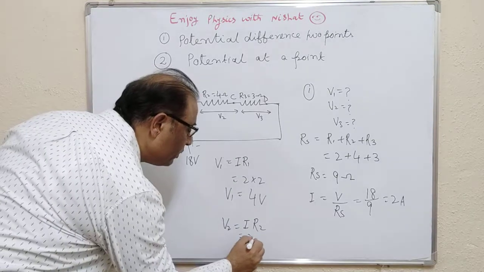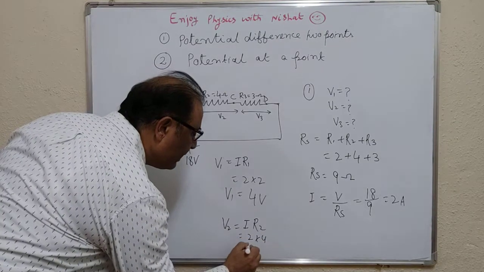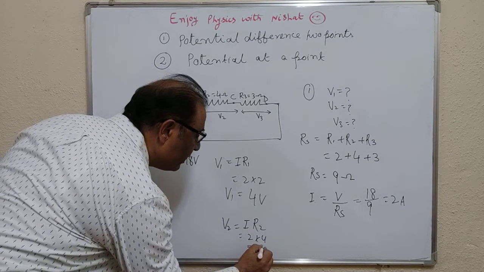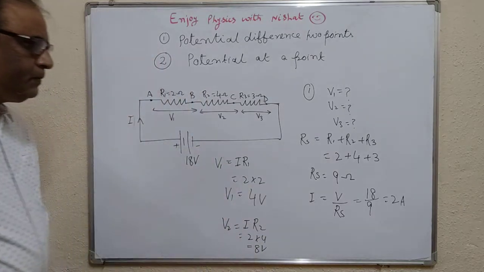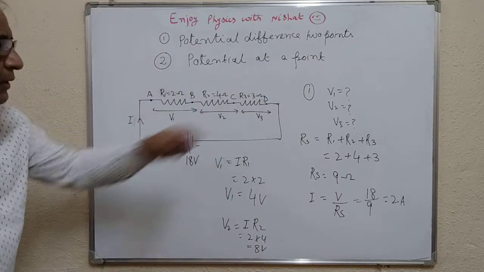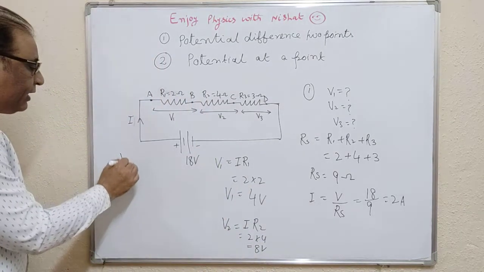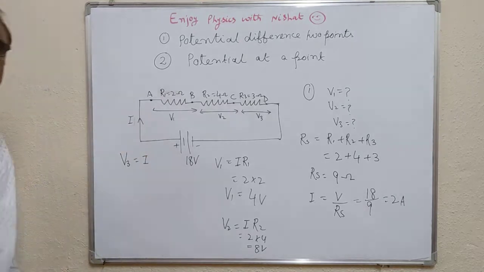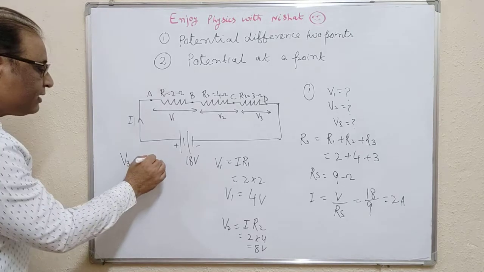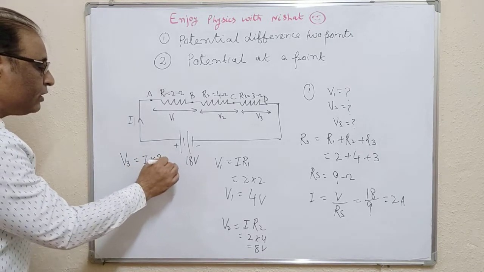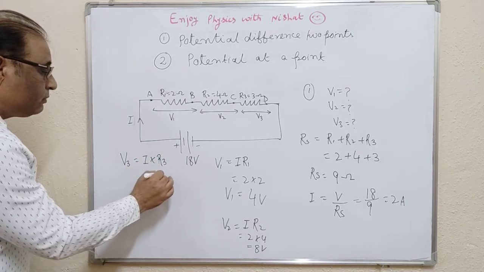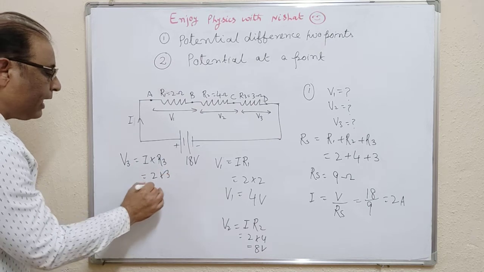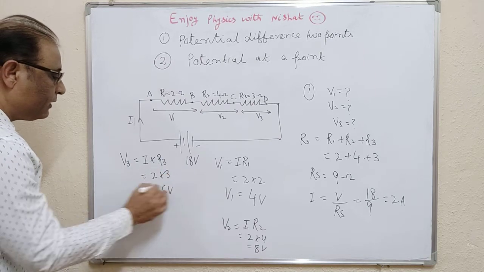So 2 into 4, and that is 8 volt. Now come to the V3. Same current I. And how much resistance? That is R3. So 2 into 3, and that is 6 volt.